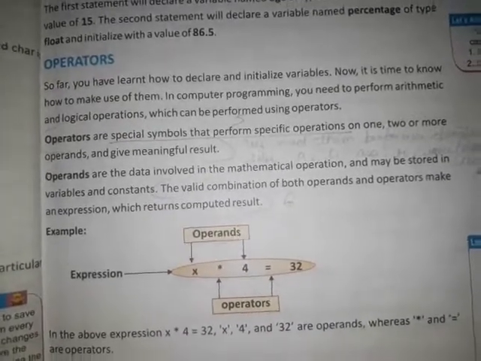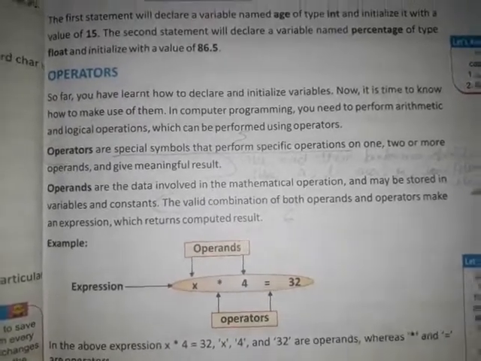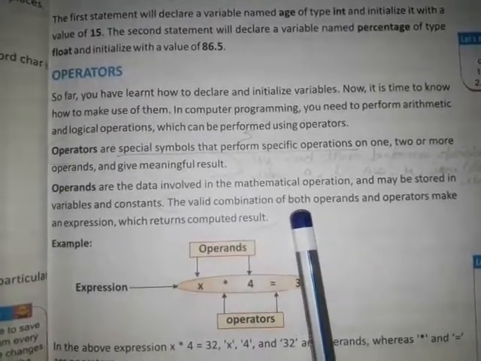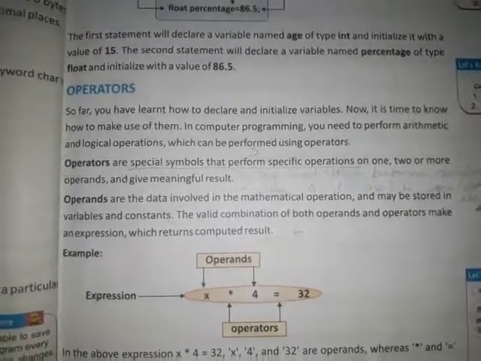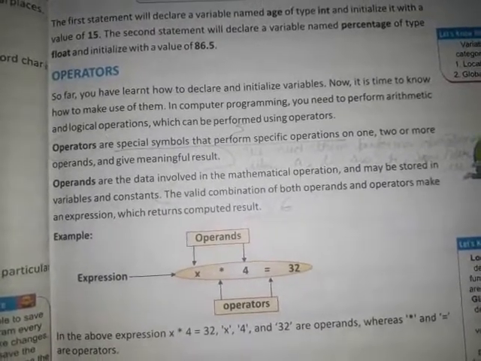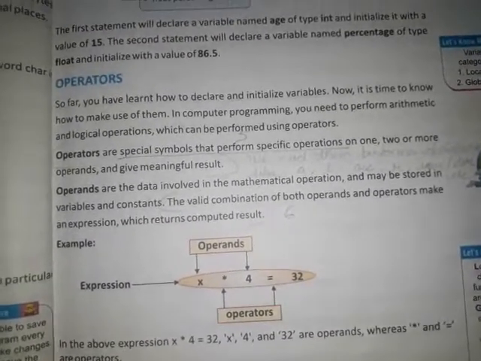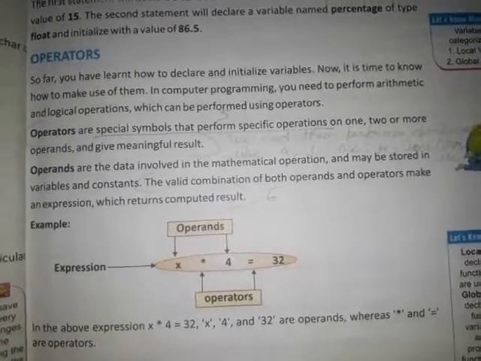Operands are also called data. They are in the form of variables or constants. The valid combination of both operand and operator makes an expression. When we use an operand as well as an operator, the valid combination is called an expression, which performs some action and gives some results.